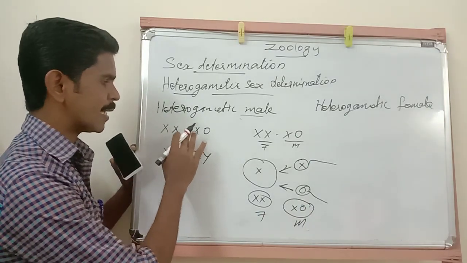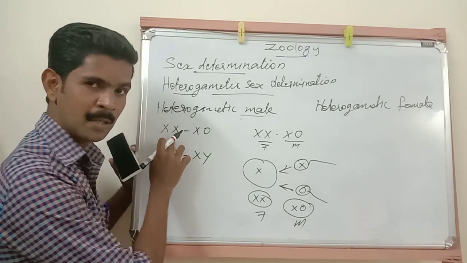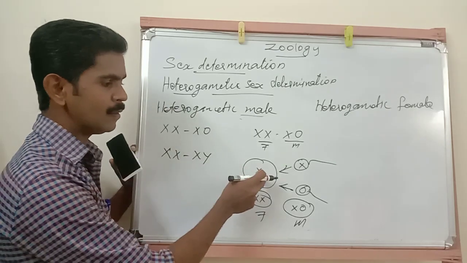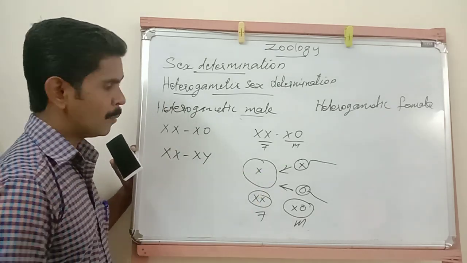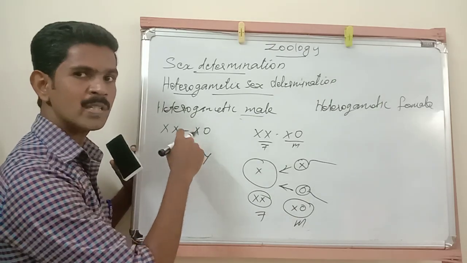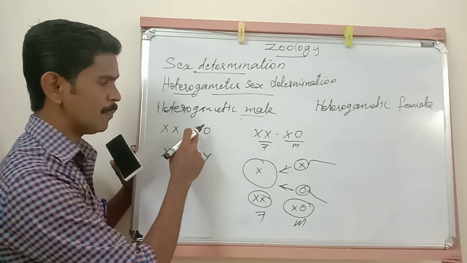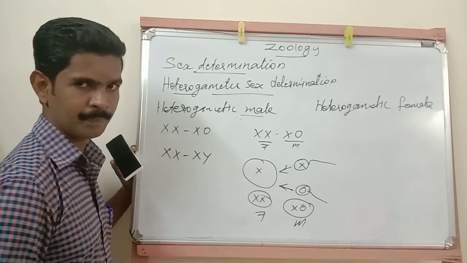So in XX, XO type of sex determination, the female produces only one type of egg. The egg carries one sex chromosome. The sex chromosome is X. But the male produces two types of sperms. In one type of sperm, the X chromosome is present. In the other sperm, there is no X chromosome. Understand?